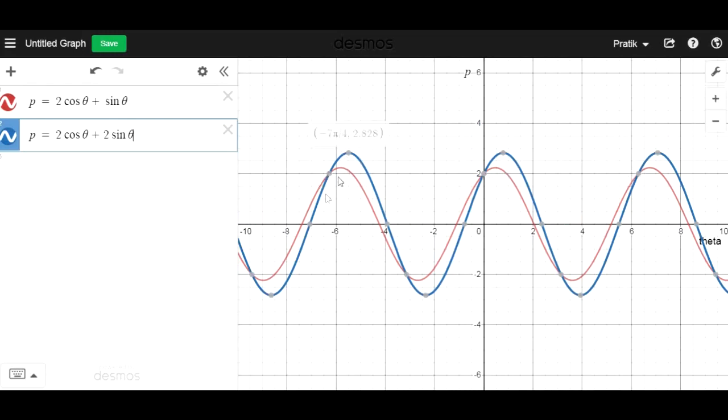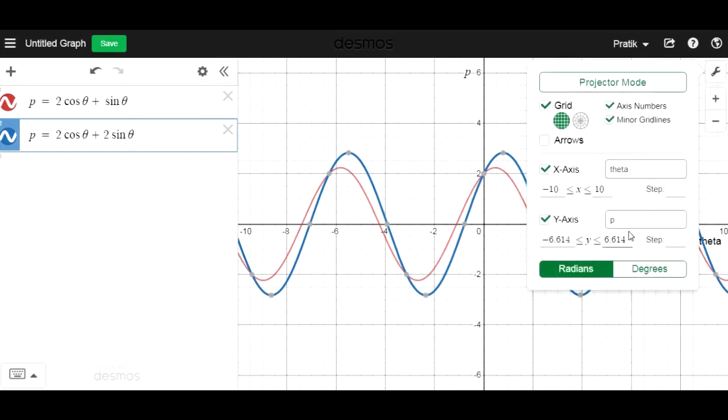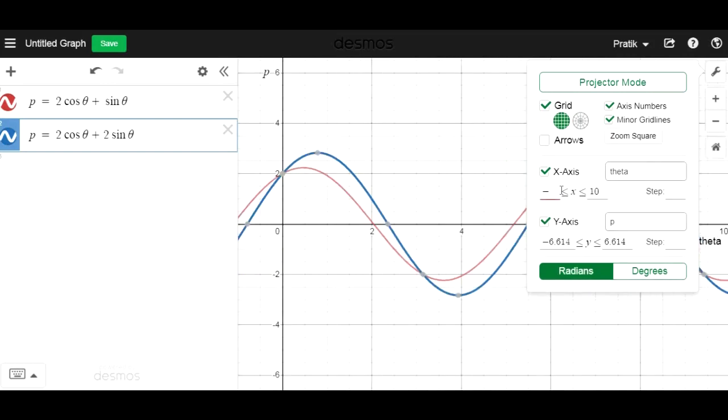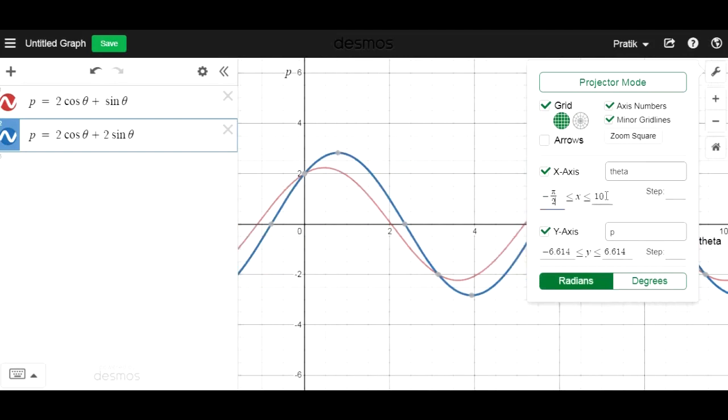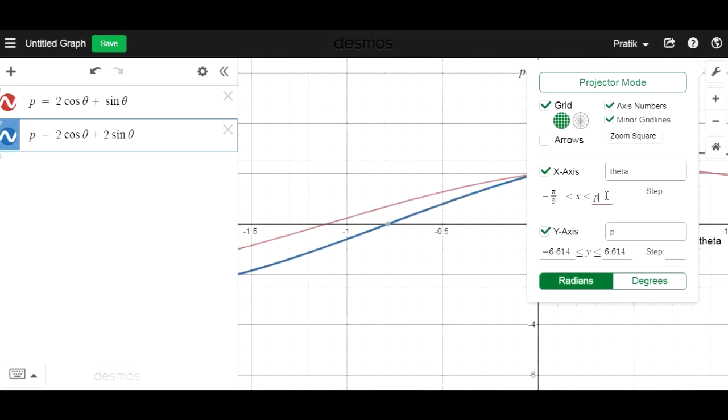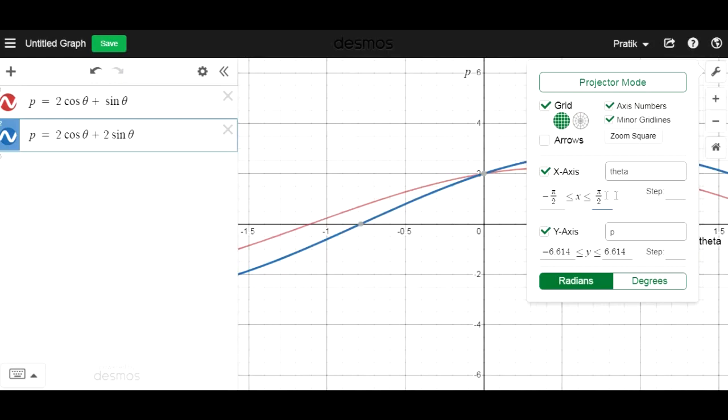Now there is this problem that we are getting multiple intersections, and we just need one intersection. So what we can do is restrict the value of theta. Let me consider theta from minus pi by 2 to pi by 2, because I just want one single intersection point.